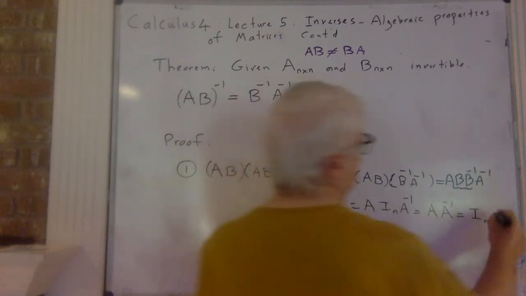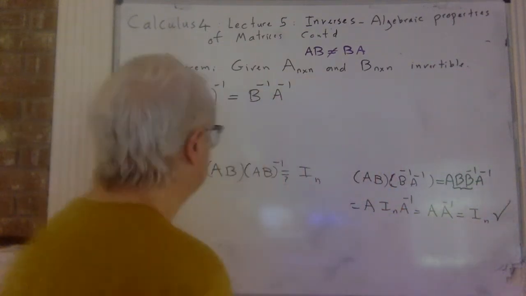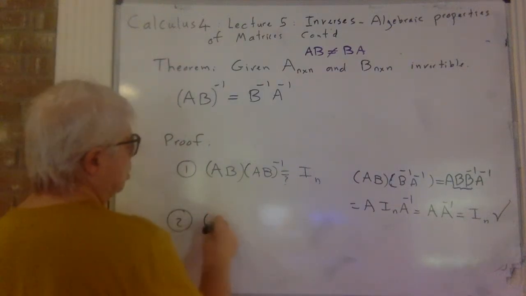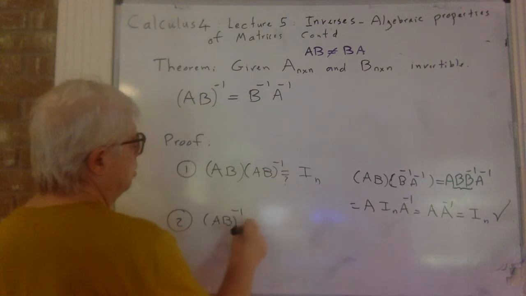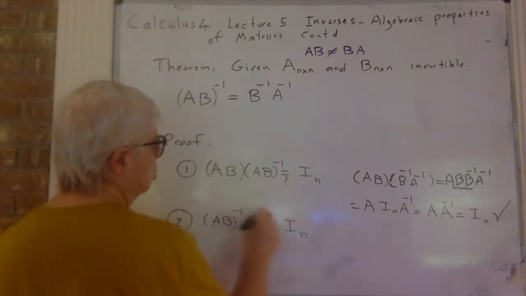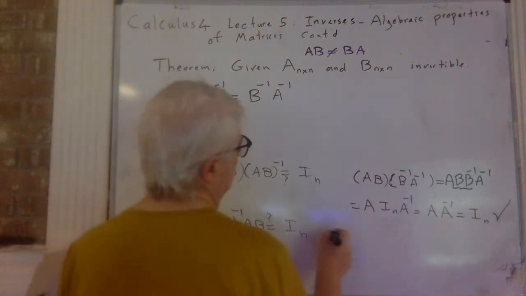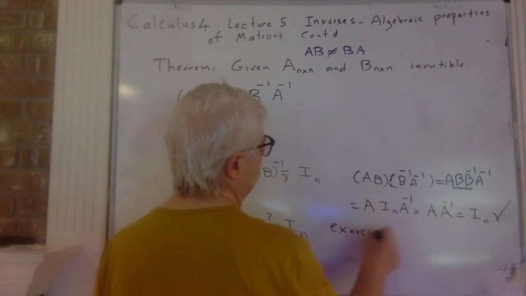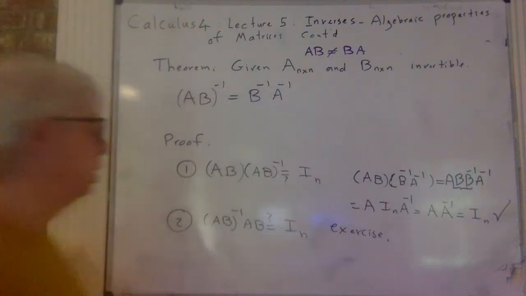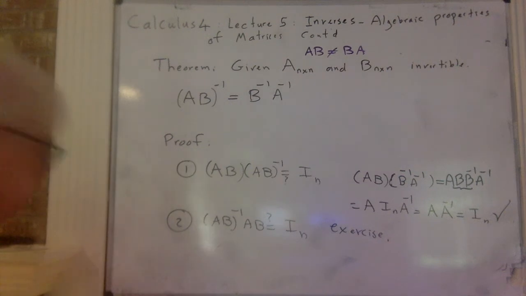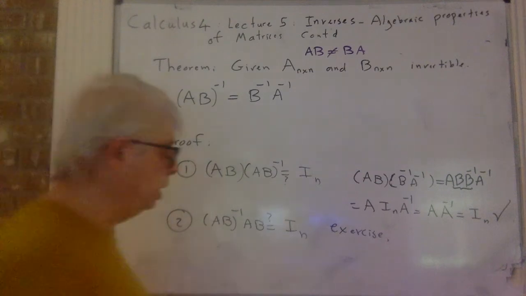So it's checked. You can check the other one, (B inverse A inverse) times AB, which should also be IN. This is the exercise. It's just the same thing, so if you're interested, you can write it and see that this happens. So (AB) inverse is B inverse A inverse.